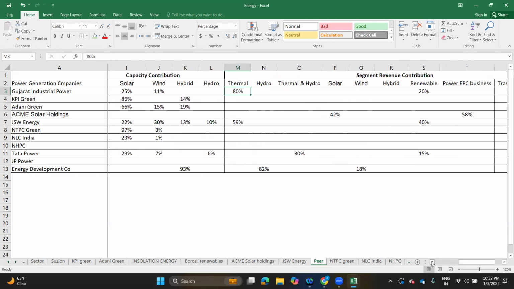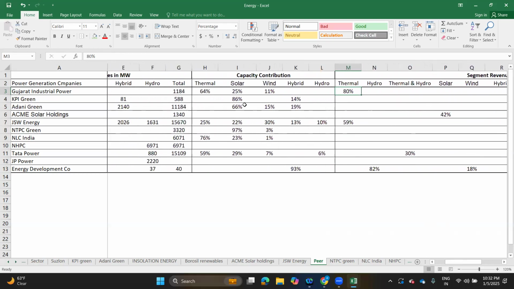Just have a look: this thermal capacity is 64%, but thermal power contributes 80% of the revenue. So 64% of the capacity contributes 80% of the revenue. It means thermal power always has higher efficiency than solar and wind.